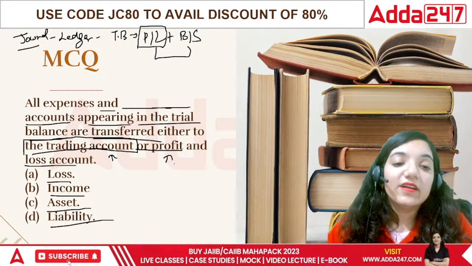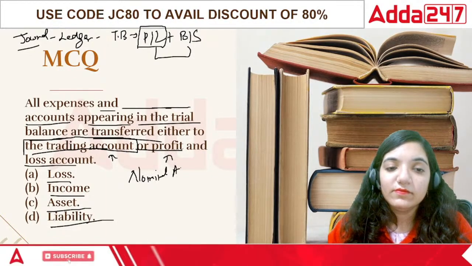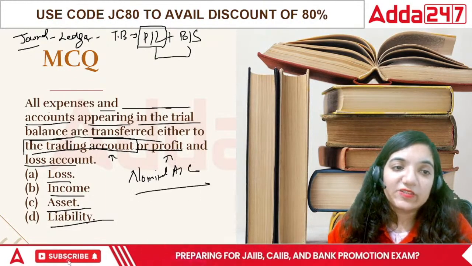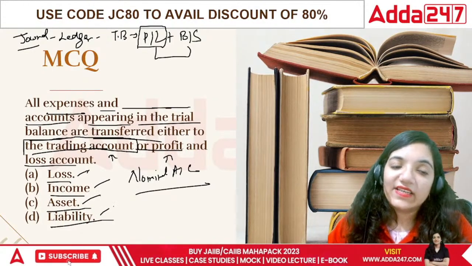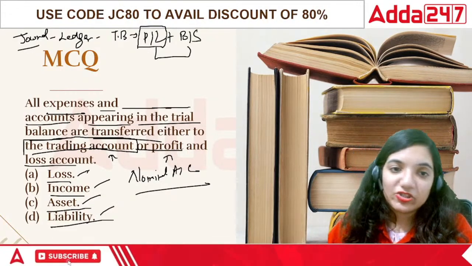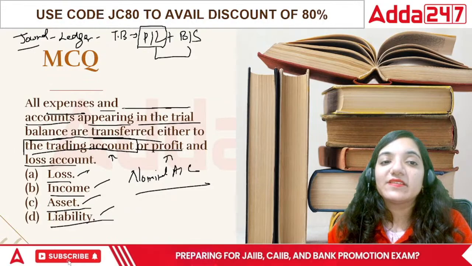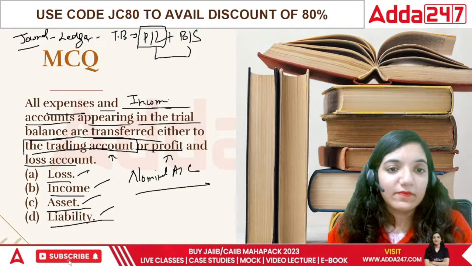Both these accounts are nominal in nature. The first thing is expenses, so the expenses and losses, incomes, assets and liabilities. The point is they are putting a counter in this. If you look at the question, it is all expenses, and what should be the point? It should be income.